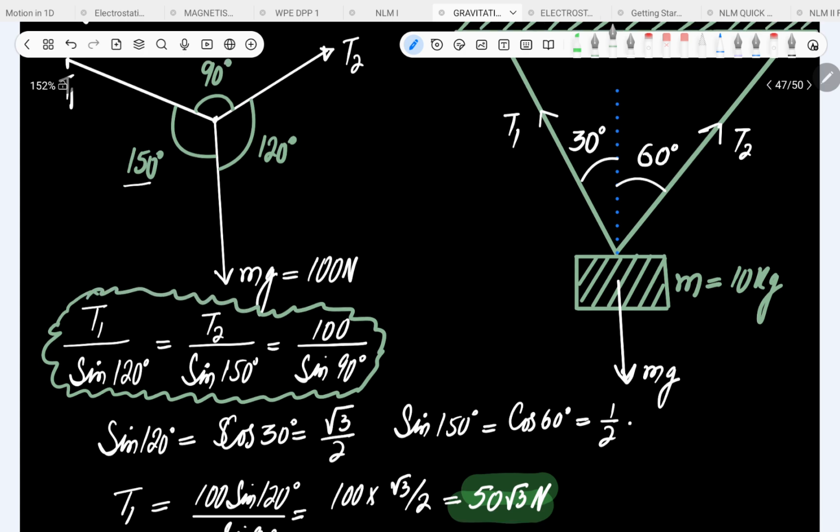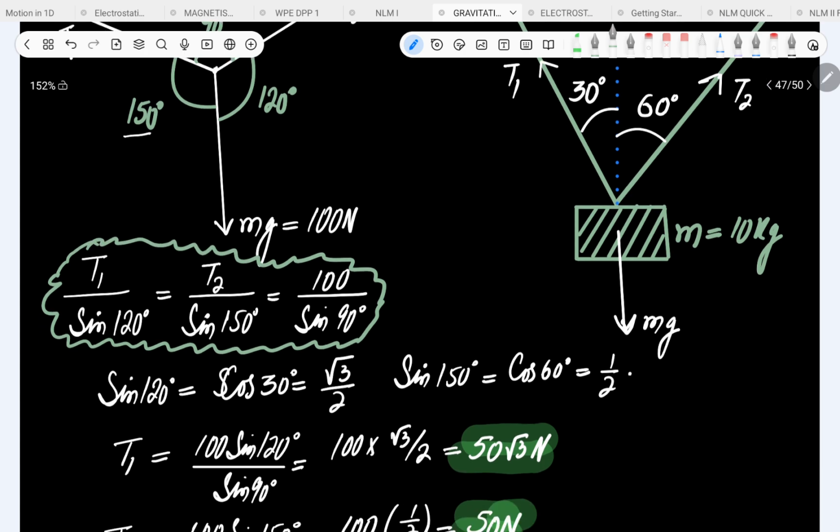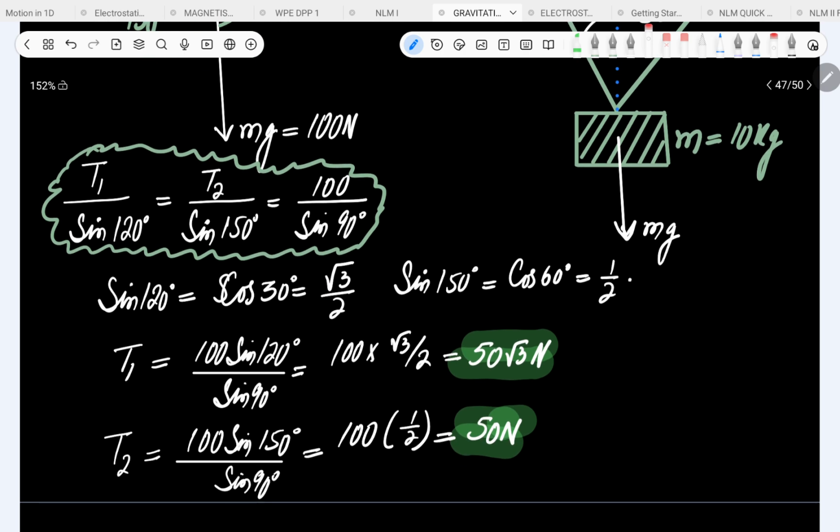On using this theorem, we equated the first term with the third term and the second term with the third term, and hence from there we calculated the values of T1 and T2. I hope that this is crystal clear to you. See you next time with one more important problem in Newton's laws of motion.